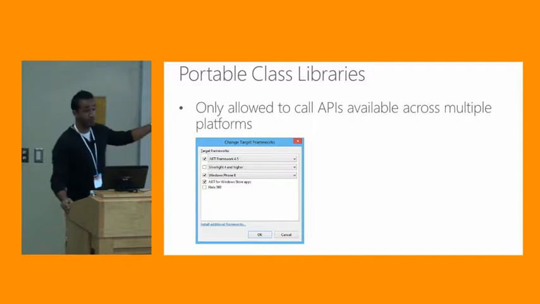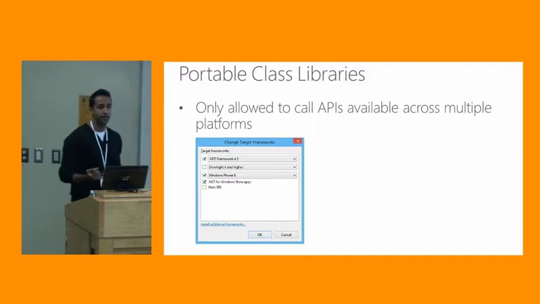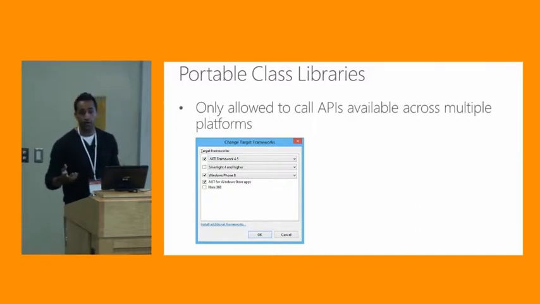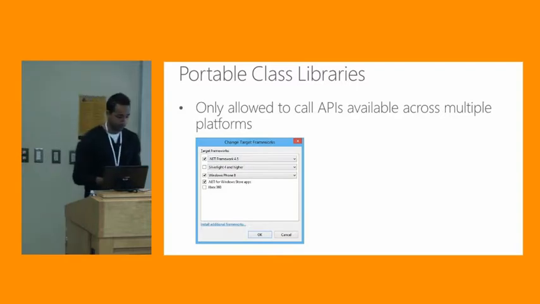You can target a bunch of different versions here. So in my sample, I've just said, hey, Windows Phone 8 and .NET for Windows Store apps, because that's what I'm focusing on. And by default, it pulls in the .NET Framework 4.5, because that's the core set of APIs. So when you create this new project and you compile, you get a single assembly, a single DLL, that you can import or reference in your Windows Phone 8 application and your Windows 8 application.